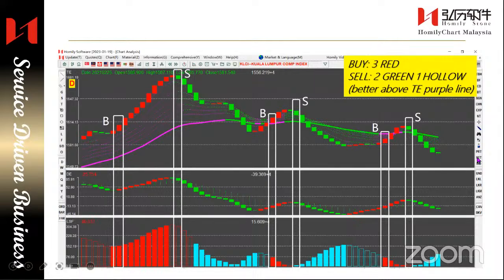Then you just remember, you need to choose an uptrend share, meaning above the TE purple line. Then three red is your buy point, two green and one hollow is your sell point. So it's enough. Okay, see you next time and good night.